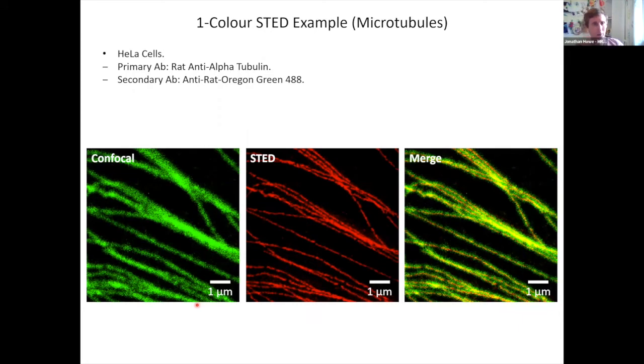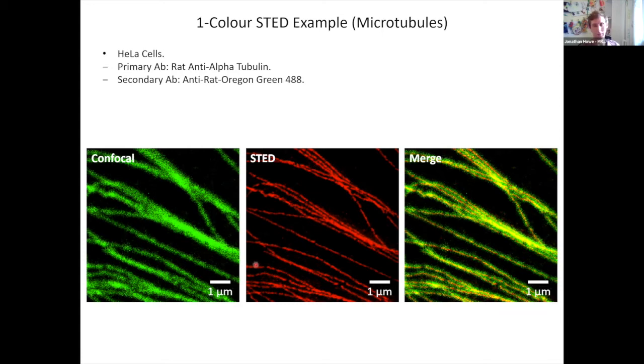I've labeled these microtubules, which are in HeLa cells, with an antibody against alpha tubulin, and then a secondary antibody, which is in the green part of the spectrum. And then you can see the confocal image on the left and the STED image in the middle, and the merge on the right.